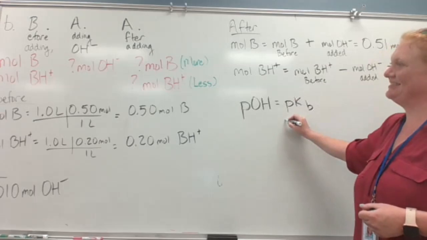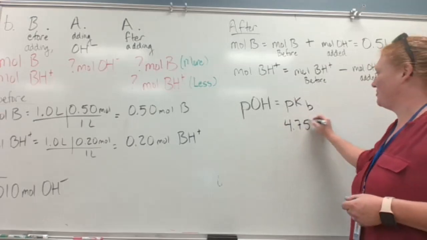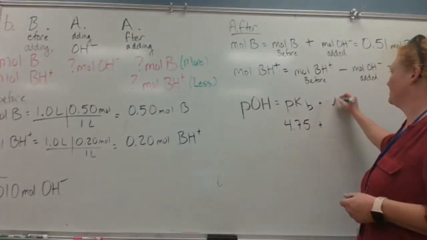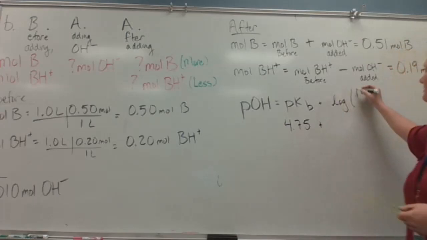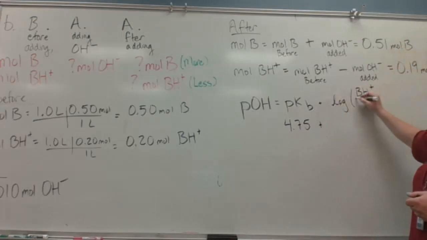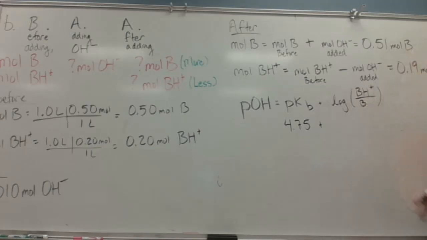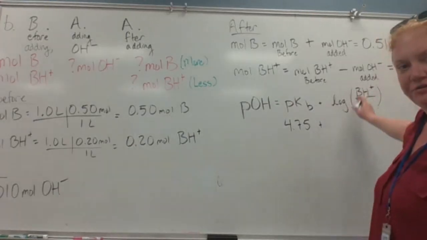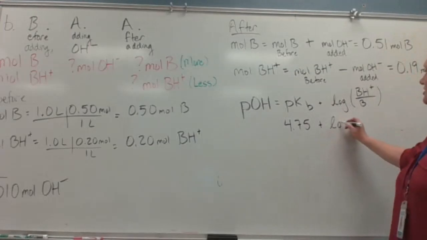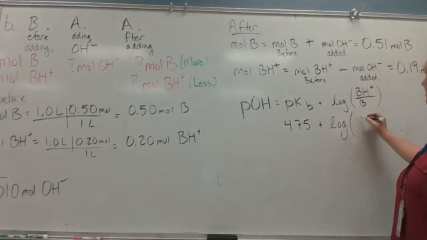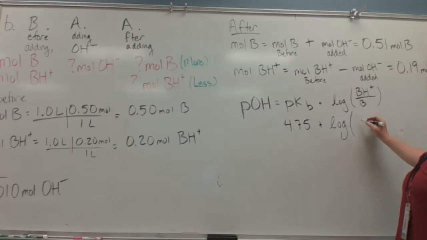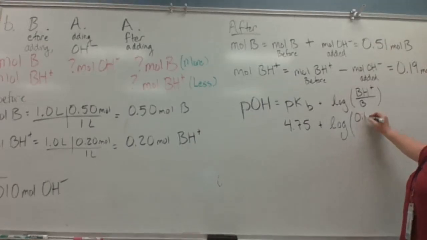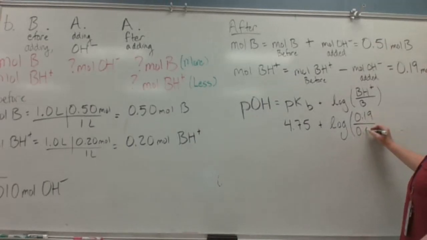Okay, pKb. So 4.75 plus. And just like before, I don't need to recalculate a new molarity here, because that's a redundant division of both mole amounts when I'm doing this ratio. I can just take the log of the ratio of the moles, 0.19 over 0.51.